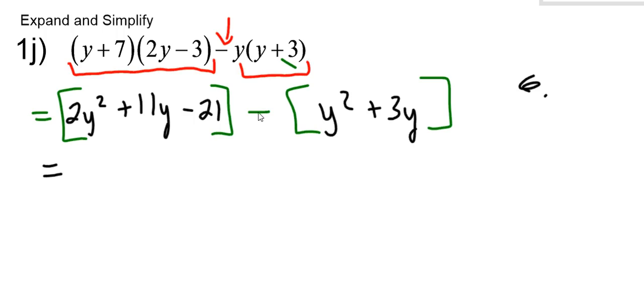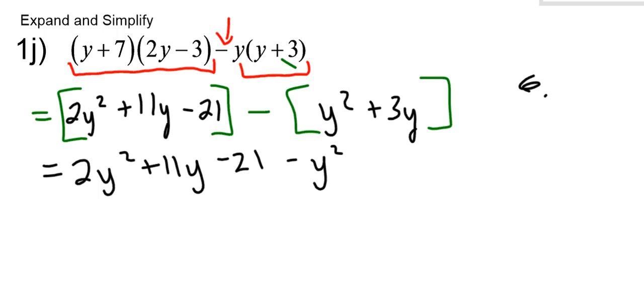Now I'm going to deal with this negative sign. So 2y squared, the first bracket is just exactly as it appears, and the second bracket is actually negative, so all the signs reverse. Now I'm going to collect like terms. 2y squared, take away y squared. So 2y squared, take away y squared is 1y squared.